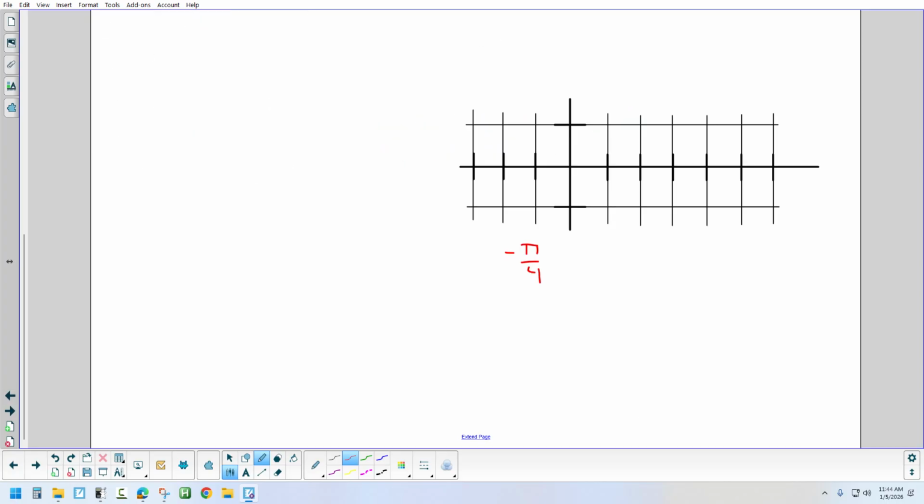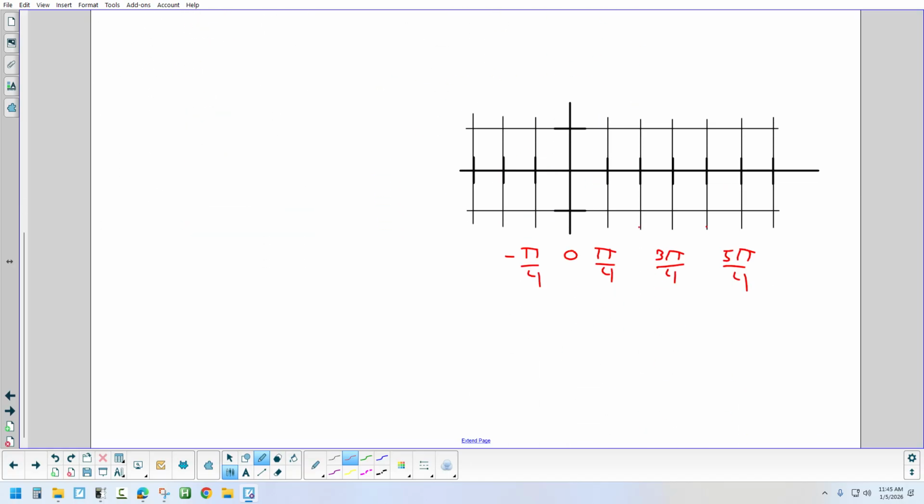This is 0 pi over 4. That's 1 pi over 4. This is 2 pi over 4. We don't need it. We need 3 pi over 4. We don't need 4 pi over 4, but we need 5 pi over 4. Did we need 7 pi over 4? Oh, we did. So I didn't make this long enough.